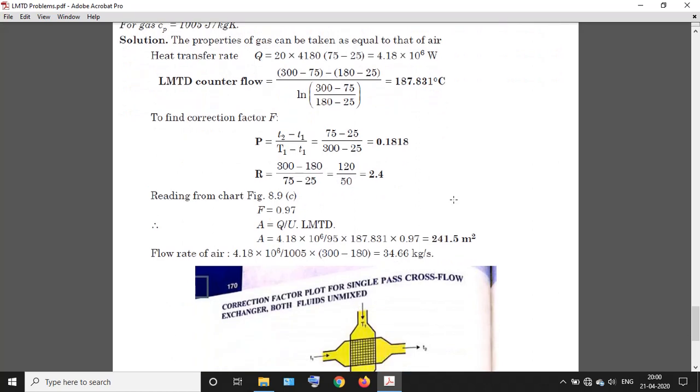Alright, so this discusses all the basic problems that might come in a heat exchanger design problem. So there is an overall heat transfer coefficient problem, then there is a simple parallel flow and counter flow problem, then there are shell and tube and cross flow problems.